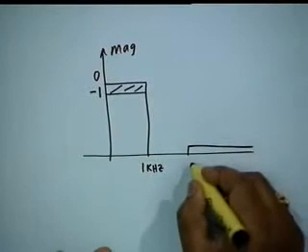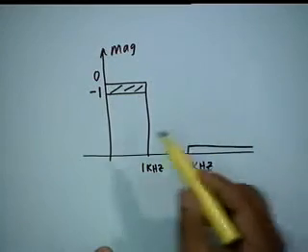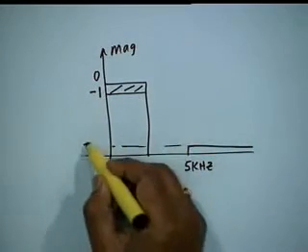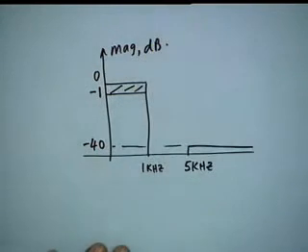The other example: 0 minus 1, and then we have again 5 kilohertz, let us say 5 kilohertz, and the attenuation must be at least minus 40 decibel, magnitude in decibel.